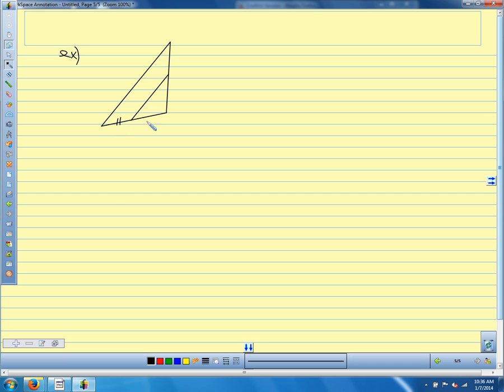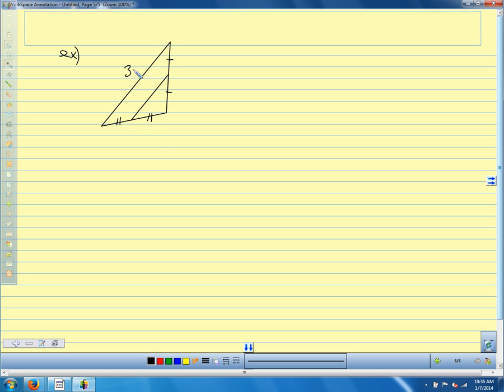So we're going to say these two are congruent. Those two are congruent. So before we go any further, what kind of segment is this? It's the mid-segment. The endpoints are in the middle of each of these sides.